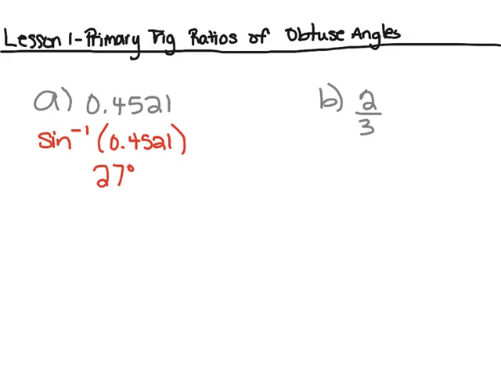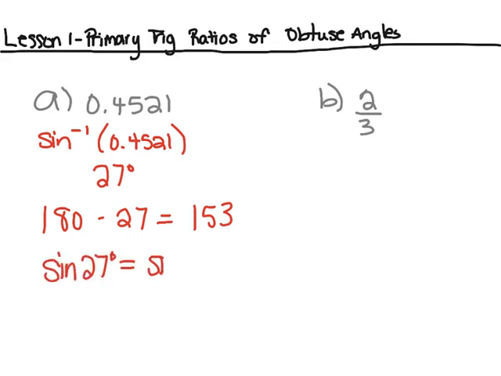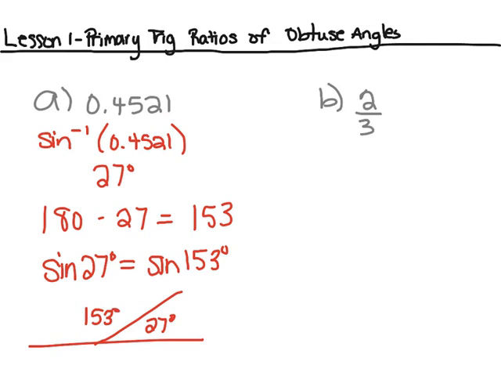So we need to find the obtuse angle. We take 180 minus 27, and you get 153. So we know that the sine of 27 is equal to the sine of 153. And if you showed that on a line, this would be your 27 degrees, and the rest would be 153 degrees.